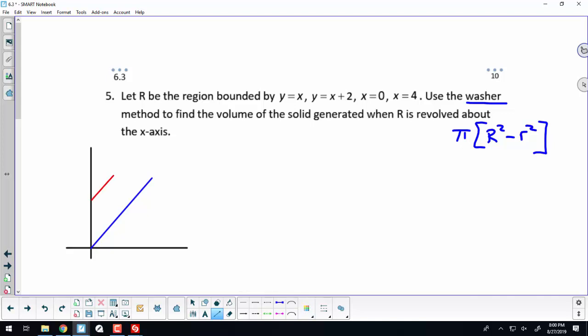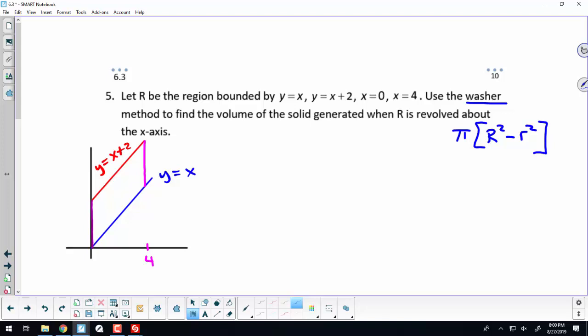Let me get this parallel. x equals 0, and x equals 4, so somewhere over here we'll say that's x equals 4. So the area common to all 4 of those is this area here.